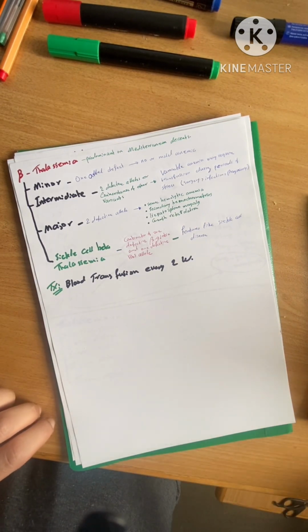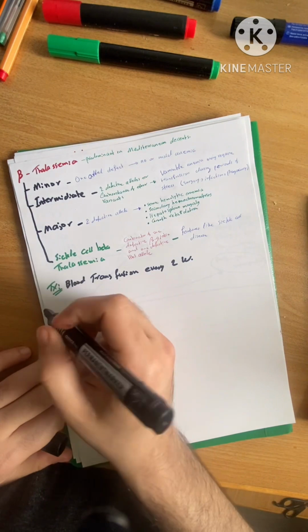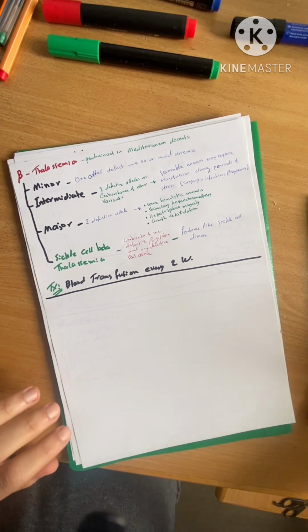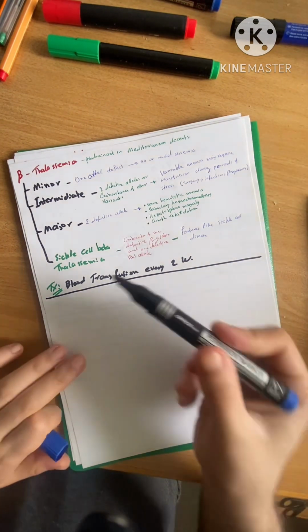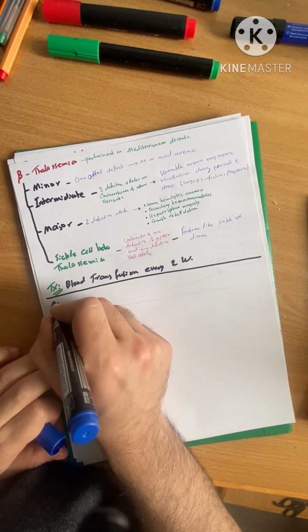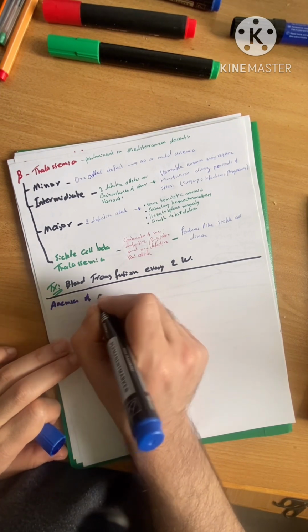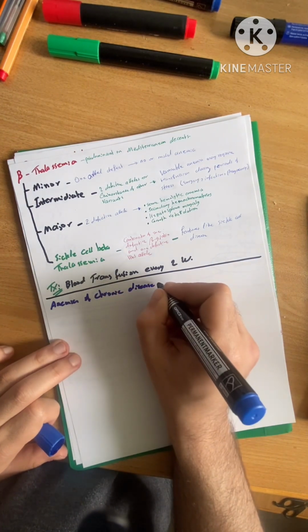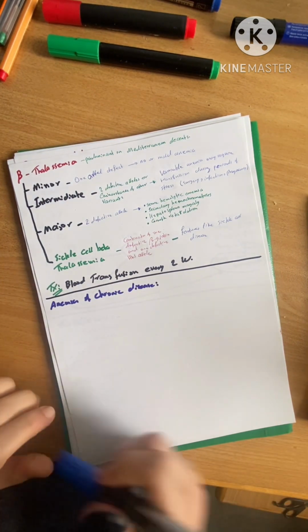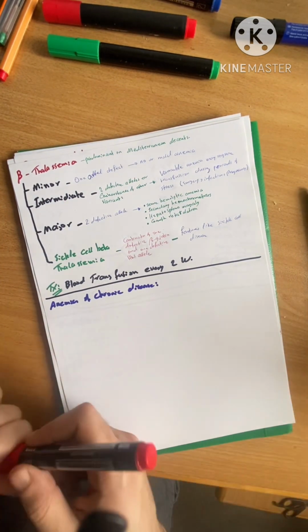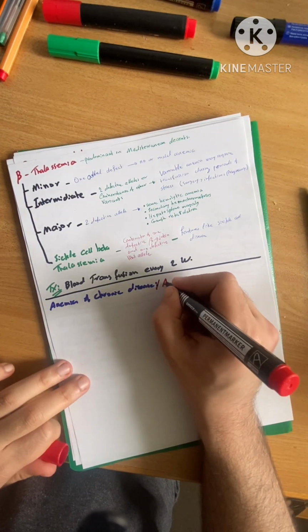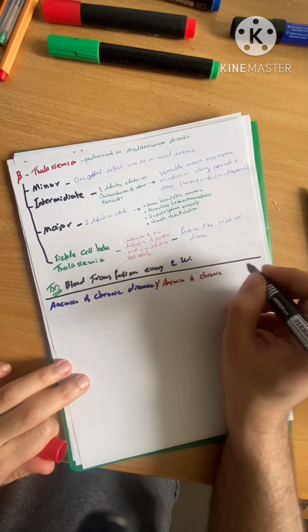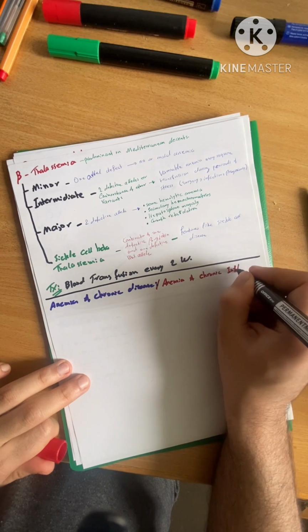And now let me talk about one more case of less MCV, which is our lovely anemia of chronic disease, or anemia of chronic inflammation.